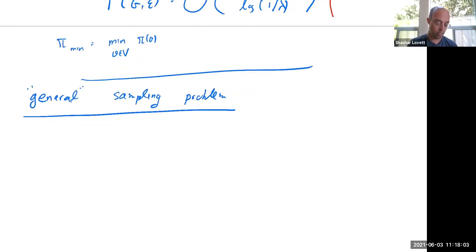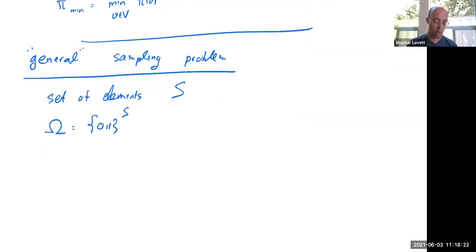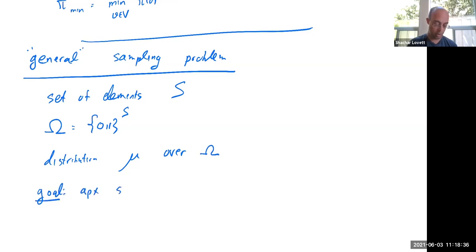So we're going to have some set of elements we're going to call S. And our domain omega is going to be {0,1}^S. And we're going to have a distribution mu over omega. And our goal would be to approximately sample from mu. Okay, so this seems very generic.